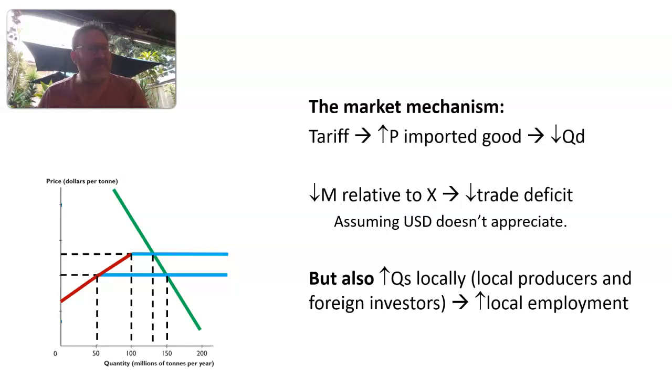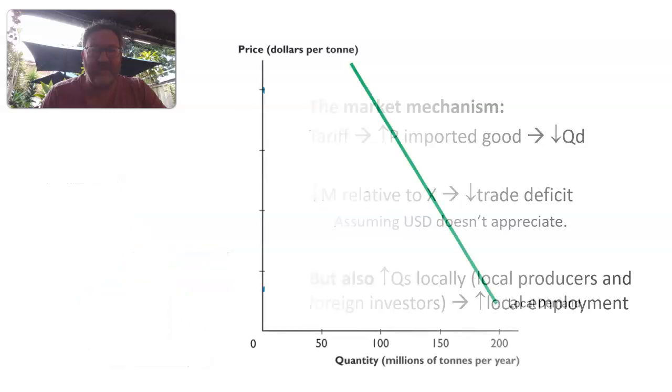And foreign investors may choose to relocate operations to the United States, also increasing the supply locally of the product. So this leads to higher employment. More production within the sector leads to higher employment in that sector. It doesn't necessarily mean employment overall increases, but certainly for the sector where there are firms competing with imports.